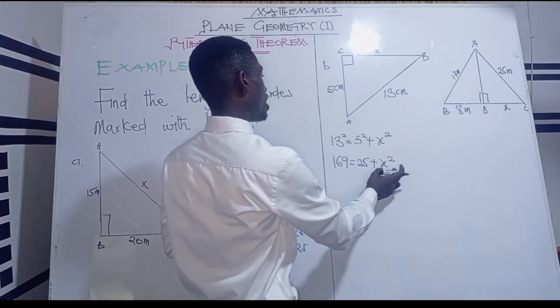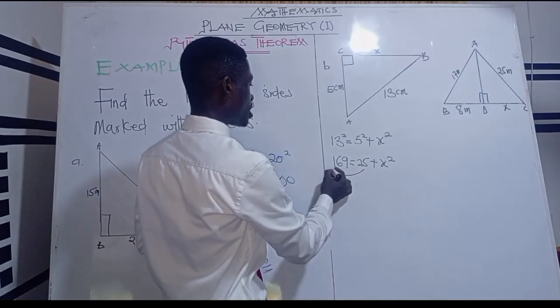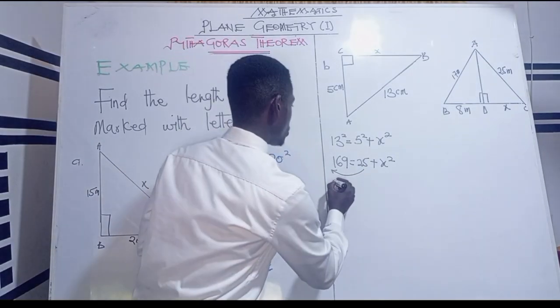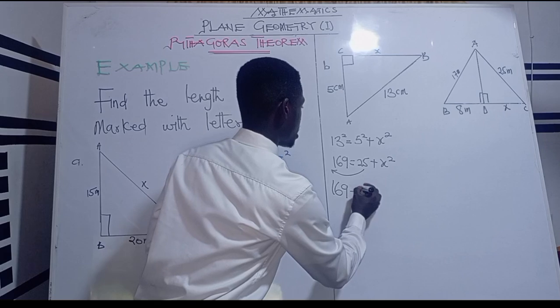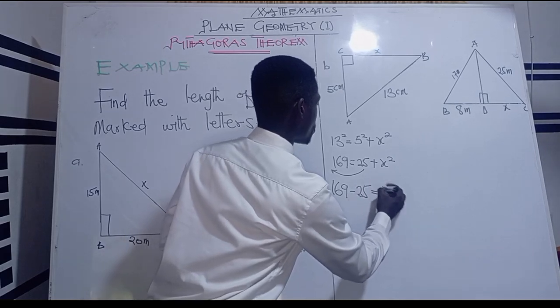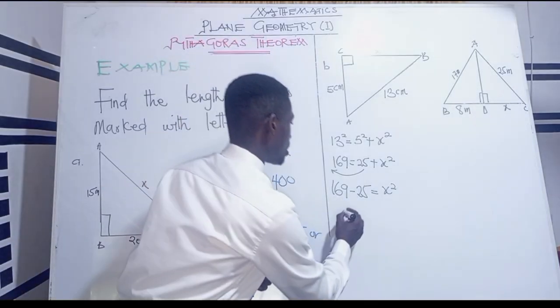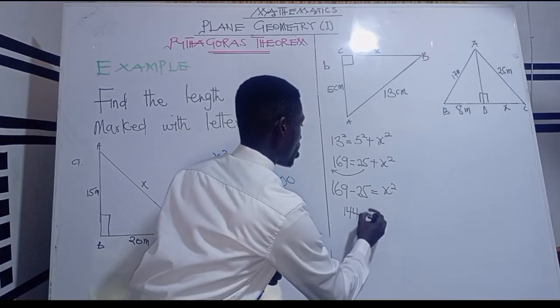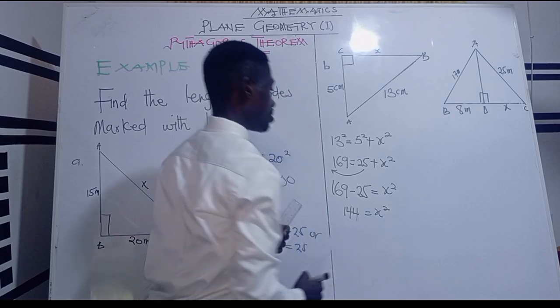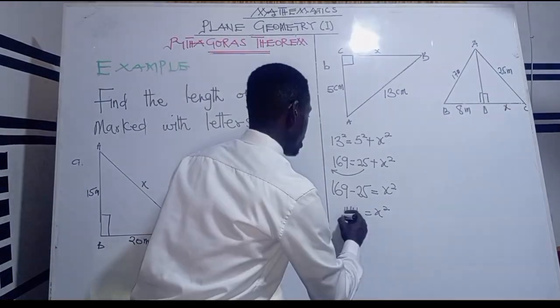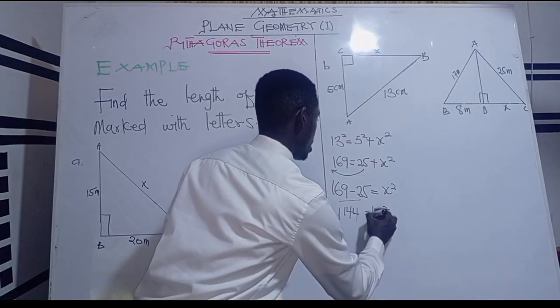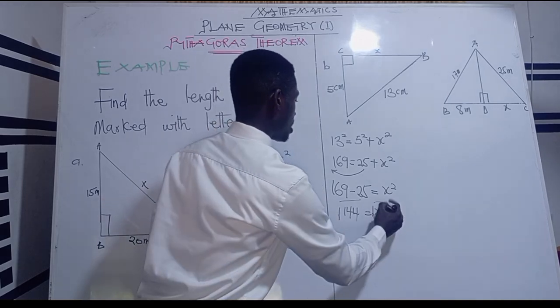Now we are looking for x, so we are going to transpose 25 to this side. So we are going to get 169 minus 25 is equal to x squared. So 169 minus 25 will give us 144 is equal to x squared. So what do we do? We take the root sign on both sides so that this and that will go.